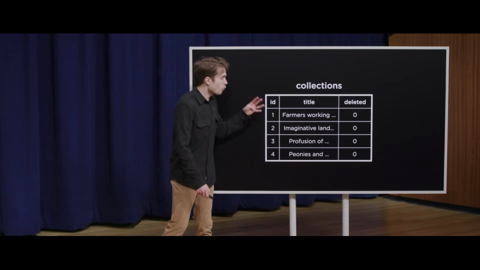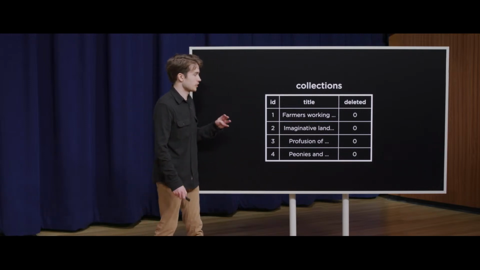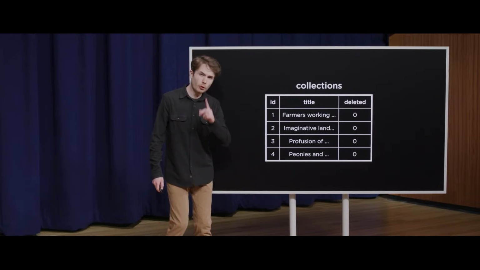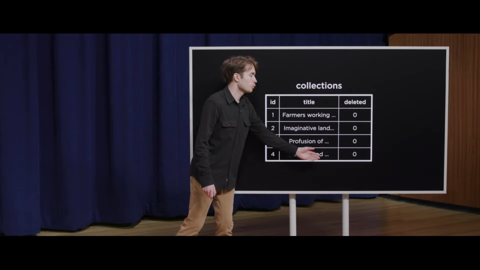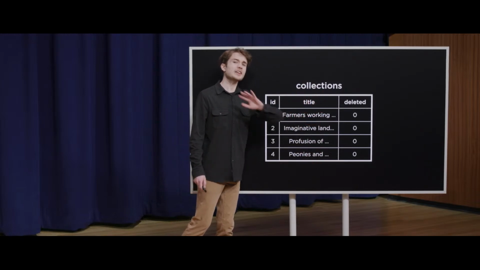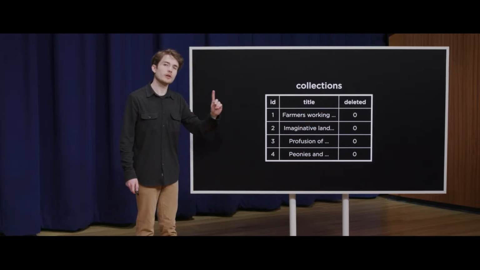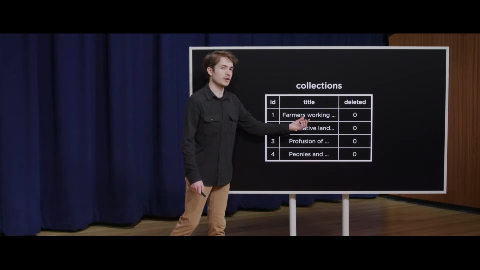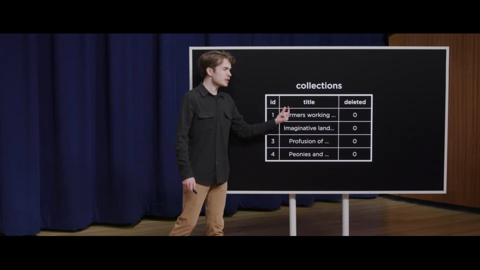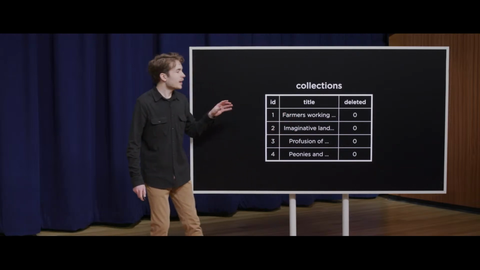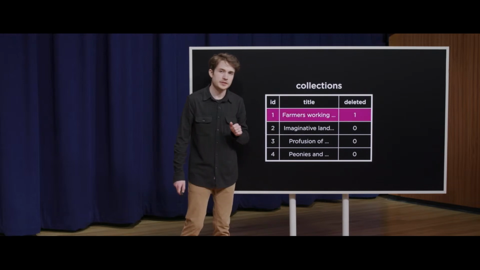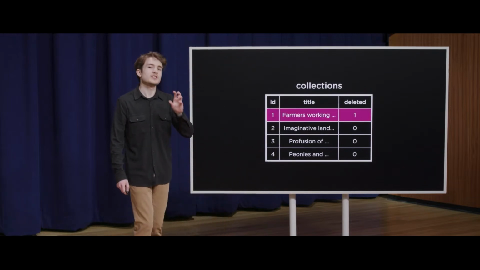Here I have 4 items currently in our collections, ID 1, 2, 3, and 4. But I also have this deleted column, which is either 0 or 1, depending on whether an item has been deleted or not. So if I want to delete, let's say, Farmers Working at Dawn, this first piece here, instead of deleting it from the table fully, I could set this deleted column from a 0 to a 1, just like this. And now it's only soft deleted.